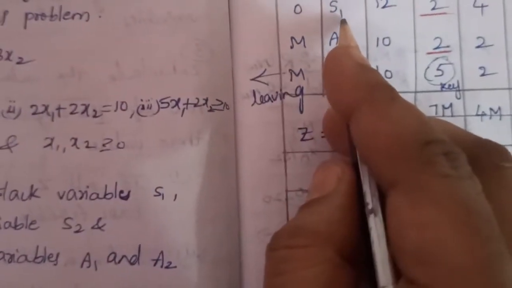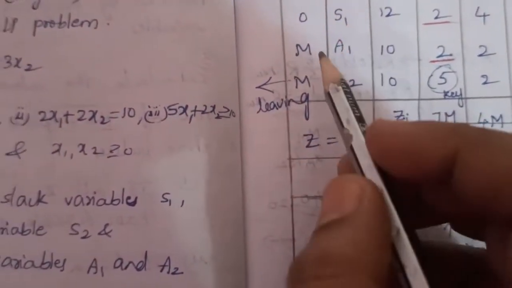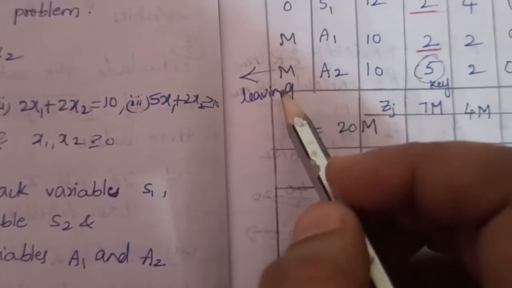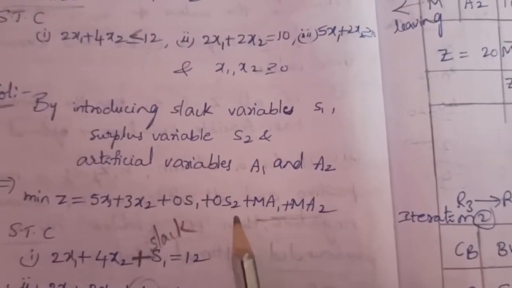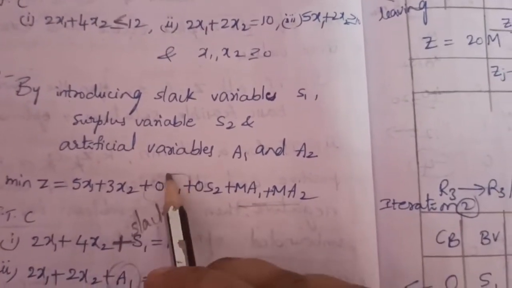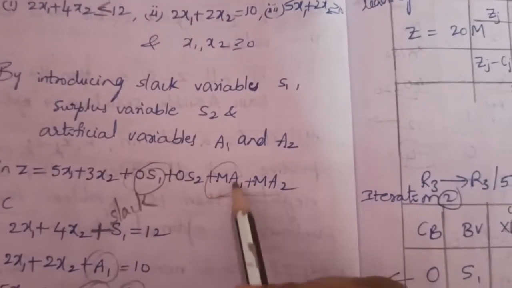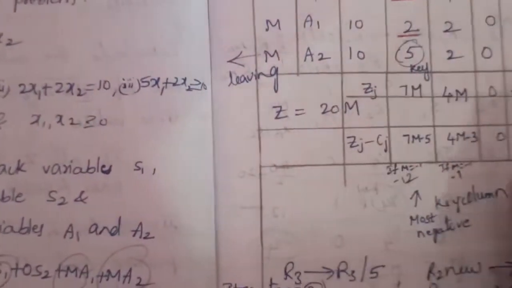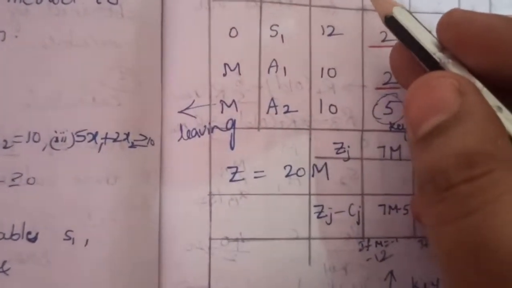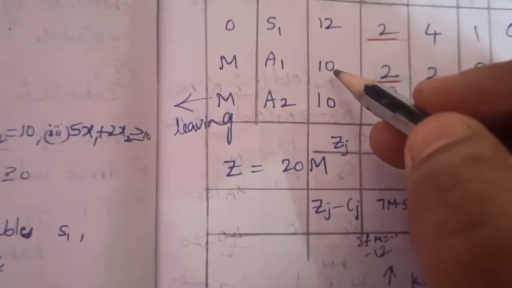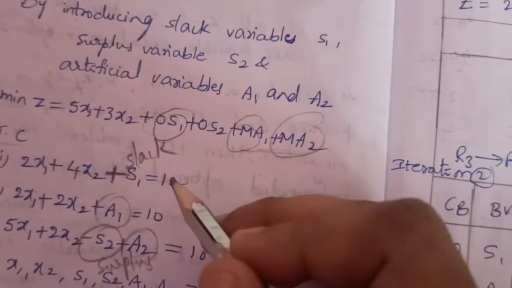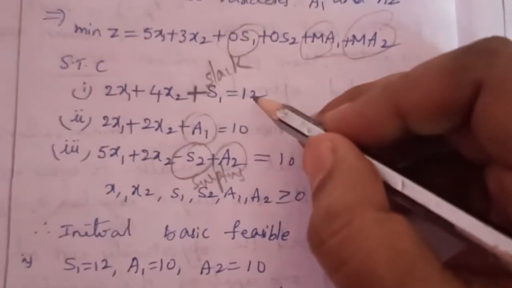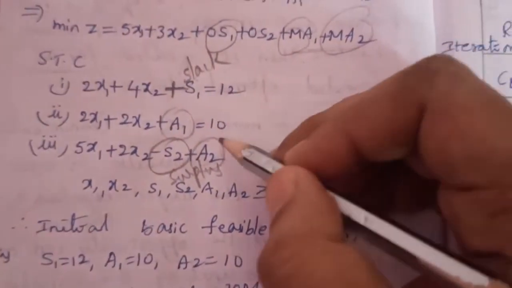For S1 I am taking 0, and for A1 and A2 I am taking m, so 0, 0 and m, m. Here only S1 is considered, and these two I am taking here. On the right hand side, the values are 12, 10, 10.